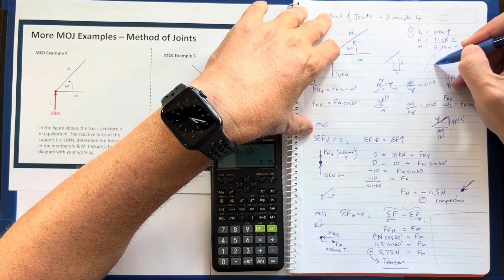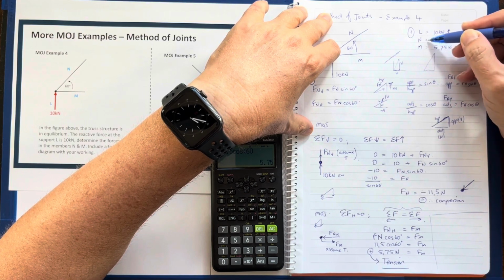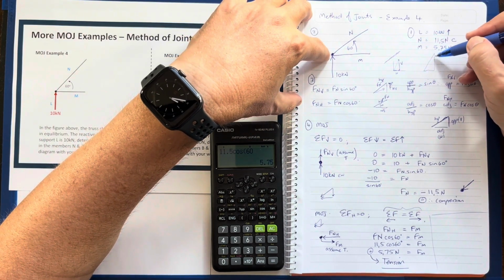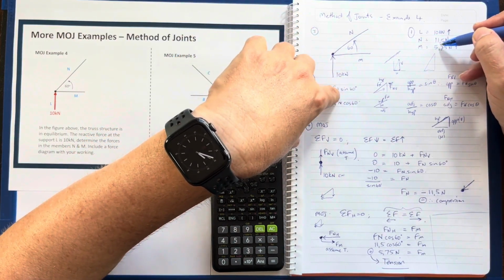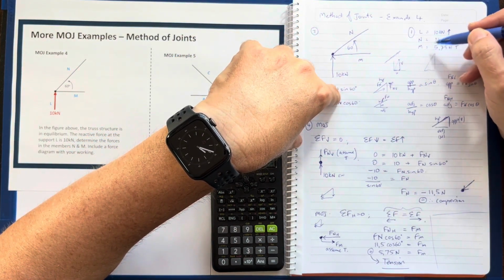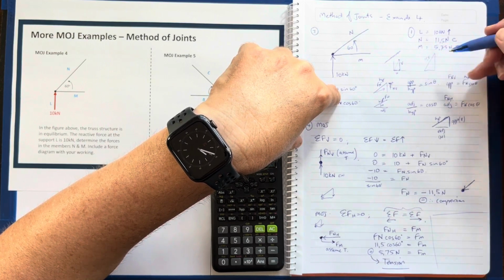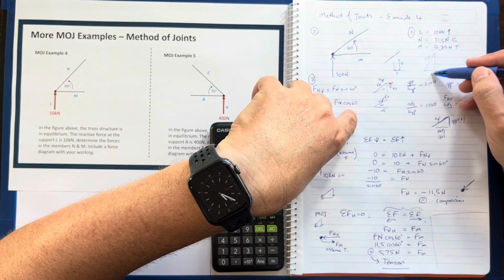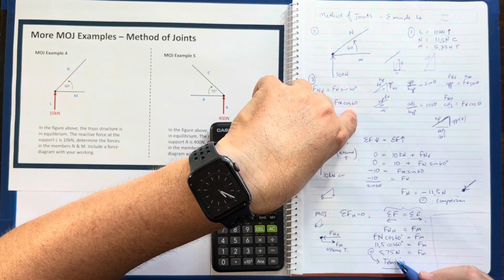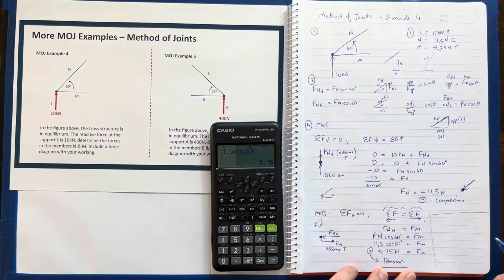The 60 degrees will show how my vertical, my N, is 11.5, and this is going to be much smaller, so it actually makes sense, 5.75.